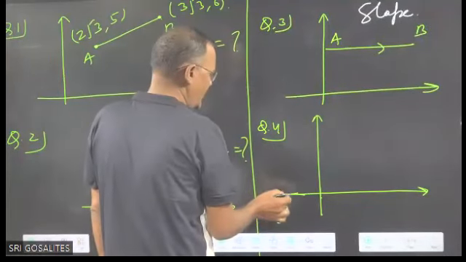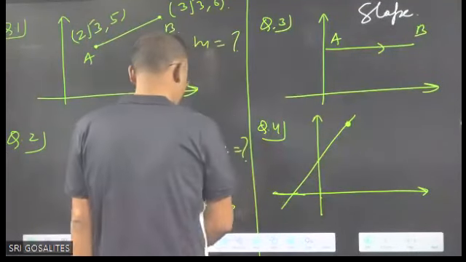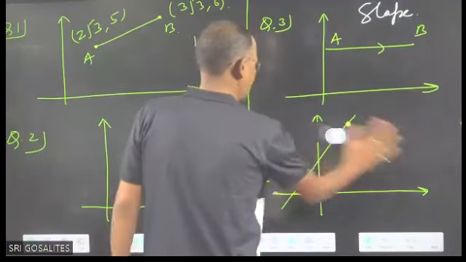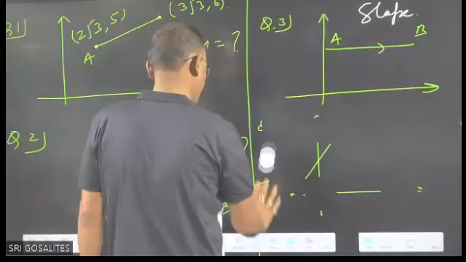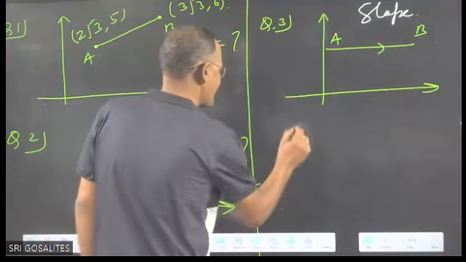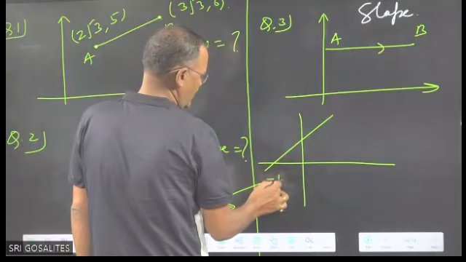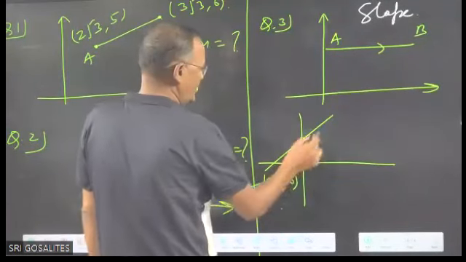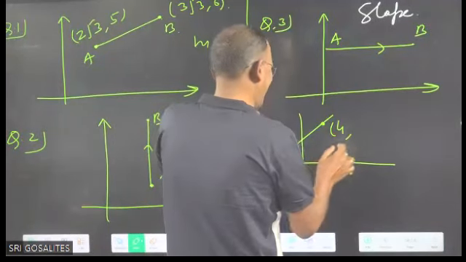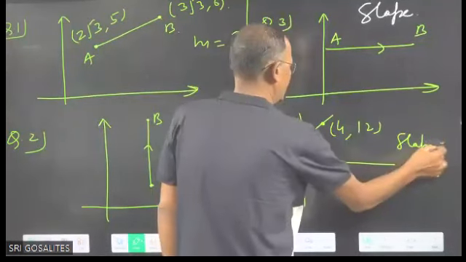This time we will take some minus coordinates also. Minus 4, 0, and this is something like 4, 12. What is the slope of this line?